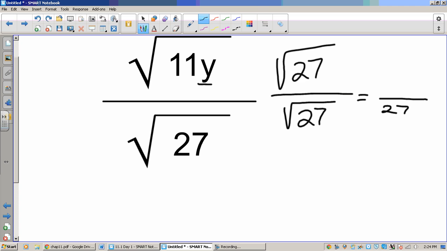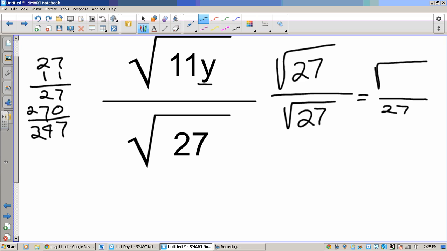So we know it's 27, but over here I'm going to quickly doodle down 27 times 11. I'll almost do this one without writing it down, but go ahead and write that. So I got 297. So this is going to be the square root of 297, but don't forget about the y.